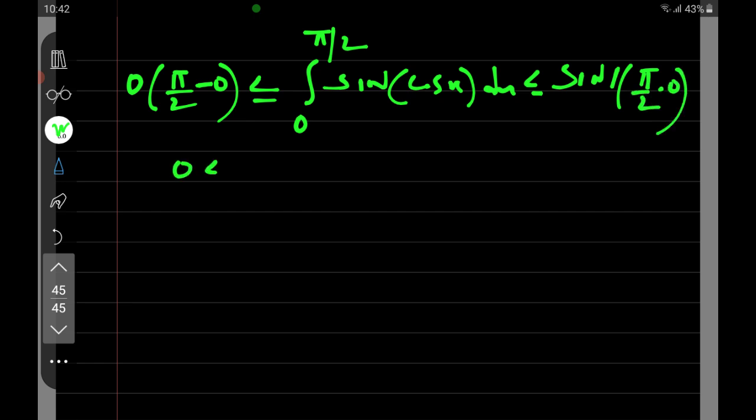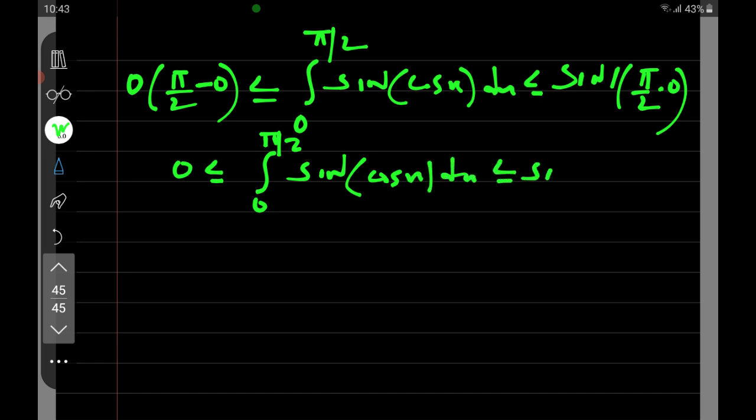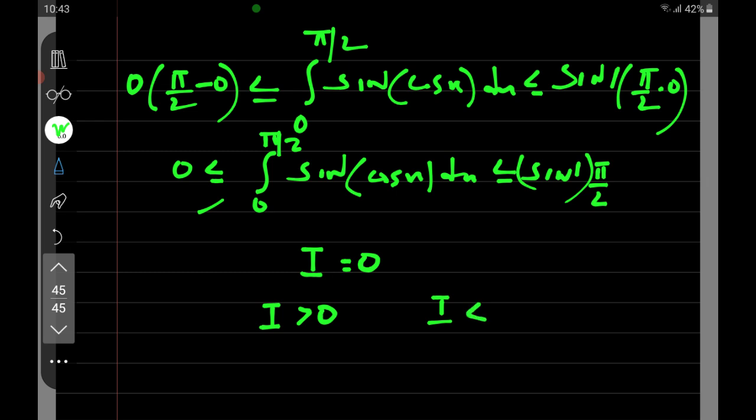This is the integral I whose value we have to find out, and here we have sine 1 into pi by 2. So the minimum value of I is 0, which means I is greater than 0, and I is less than sine 1 into pi by 2.